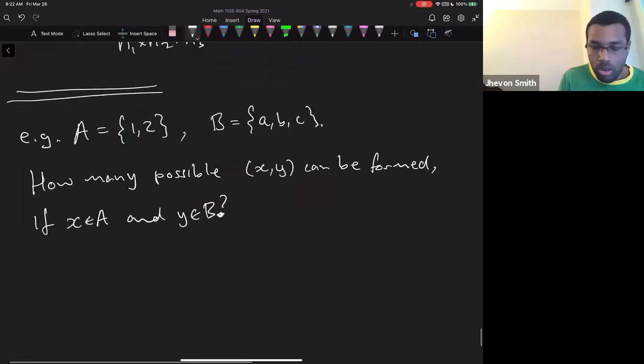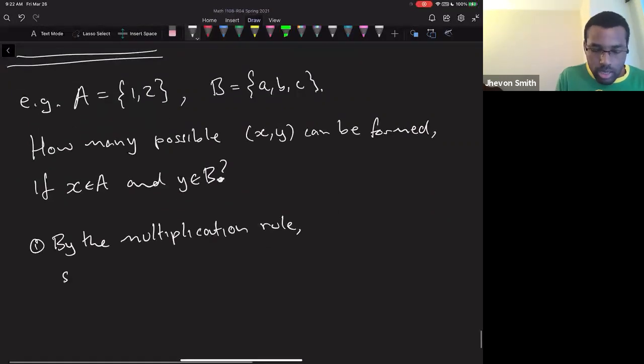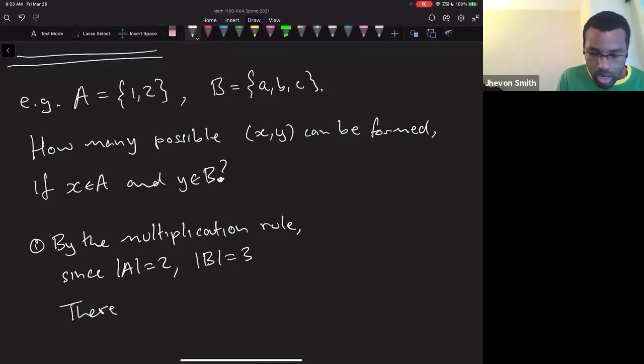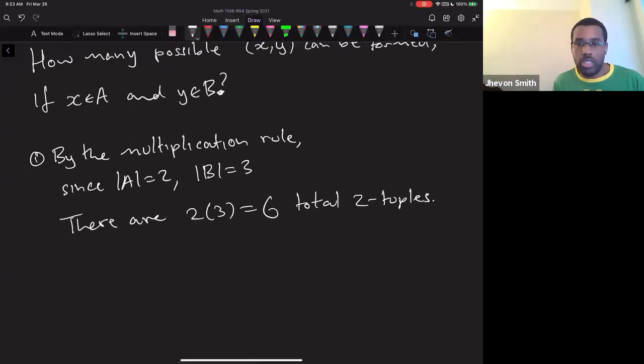That's the question. Well, by the multiplication rule, since the size of A is 2 and the size of B is 3, there are 2 times 3 total 2 tuples. So I can know that there are 6. There's definitely 6.